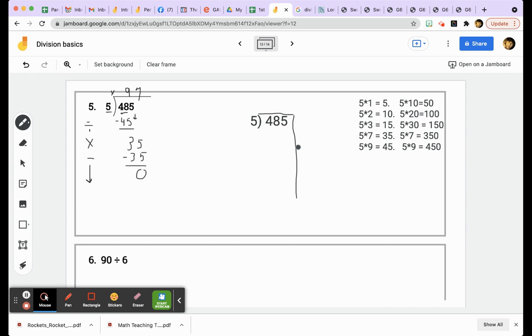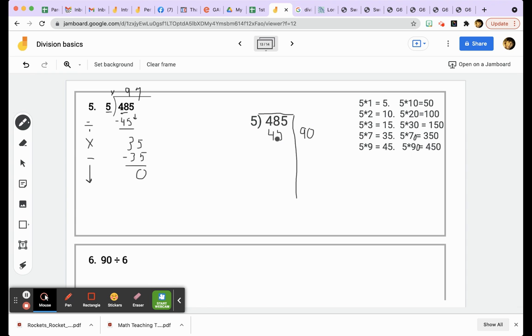Now let's take a look at the toolkit. I want to find a product as close to 485 as I can without going over. So looking at my toolkit, 5 times, this should be 90, that should be 70. 5 times 90 is 450. So I have a partial product of 90. And 5 times 90 is 450.